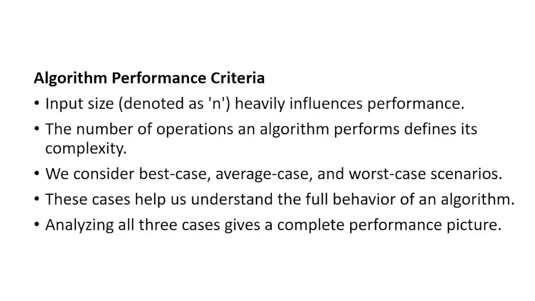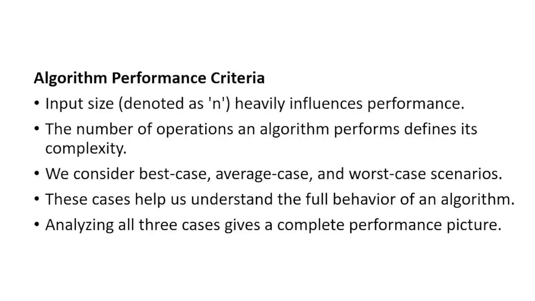And whenever we have an algorithm, we consider the best case, the average case, and the worst case scenario. Now the best case is running, let's say, some two inputs.